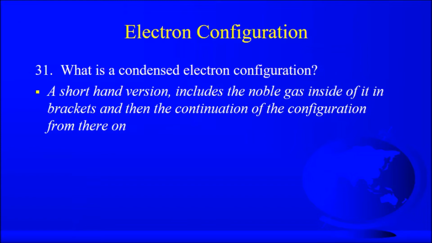What's so special about noble gases? They're at the end of the periodic table, and they complete the sequence. They complete the floor. So we find the noble gas that's inside, put it in brackets, and continue from there.